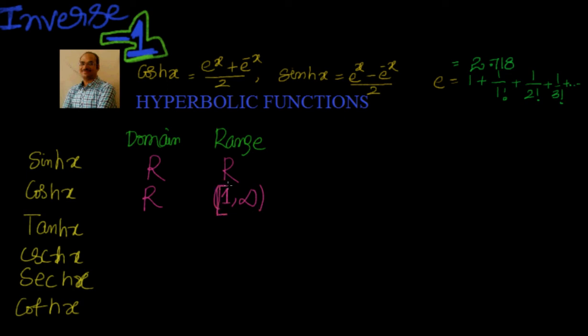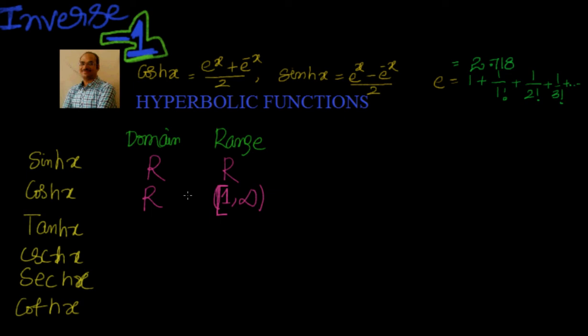And we have seen that the domain is R, but it's a symmetric function. We have seen that hyperbolic cos is a symmetric function across the y-axis, and the values of y are varying from 1 towards infinity. Since it's symmetric, we cannot have an inverse of it.